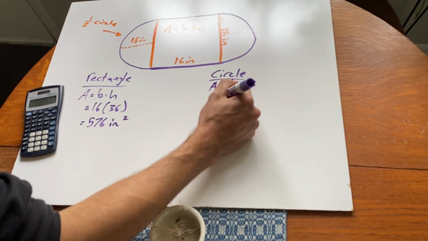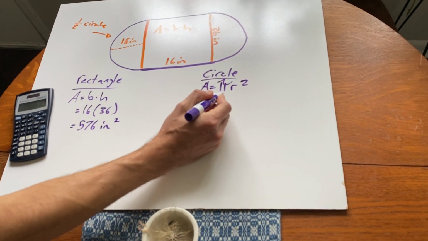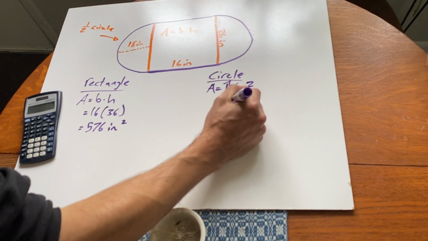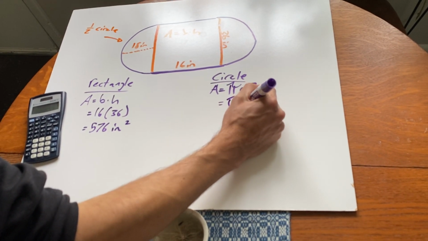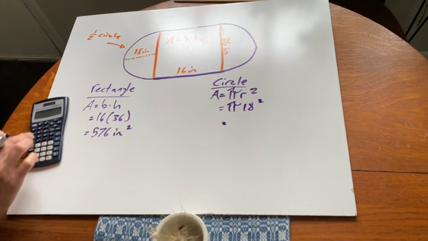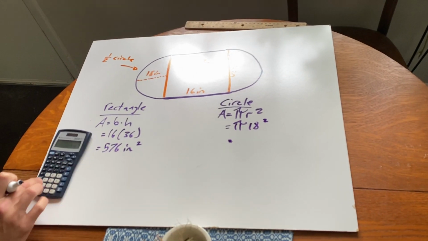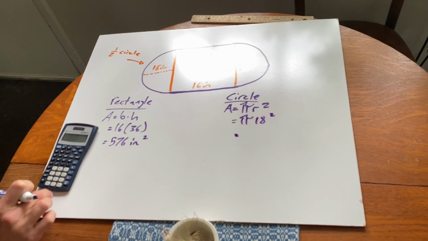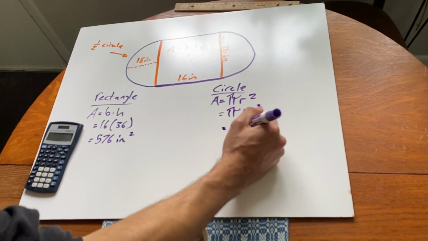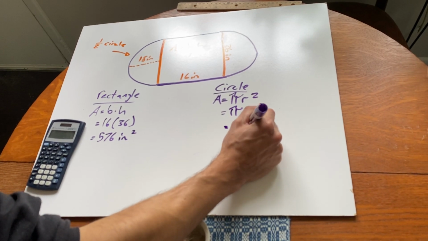I'm going to substitute in values. And I'm going to wait to substitute in pi until I've done everything. So the area is equal to pi times 18 to the second power. I really don't feel like doing 18 to the second power, so I'm going to use a calculator. 18 to the second power is 324.